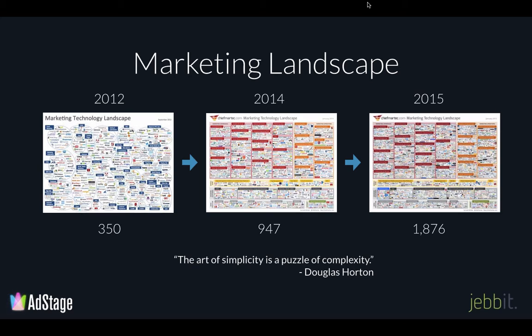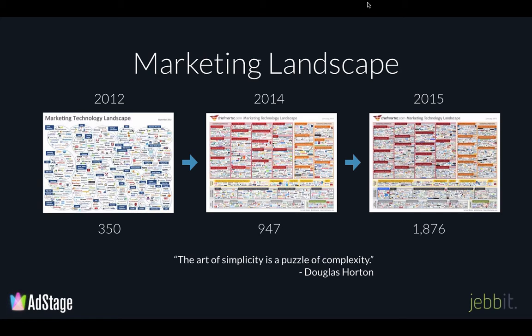But before getting ahead of myself, I just wanted to recap how the marketing landscape has evolved. Looking back at 2012, as marketers, we only had maybe 350 martech tools at our disposal. Fast forwarding to 2015 today, we have about 1,800. A lot of the time, the sheer number of variations and different options can be cumbersome and confusing.